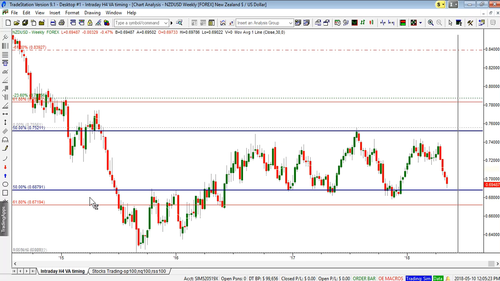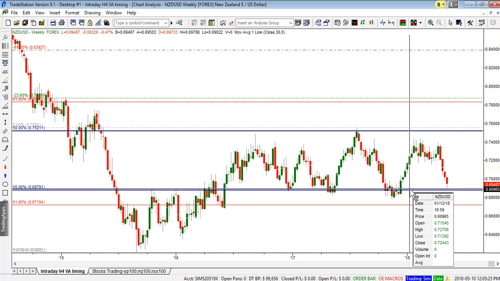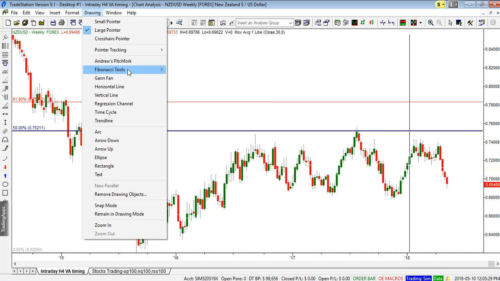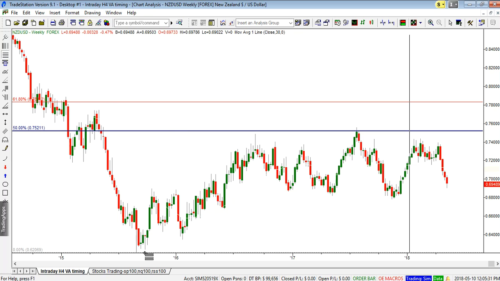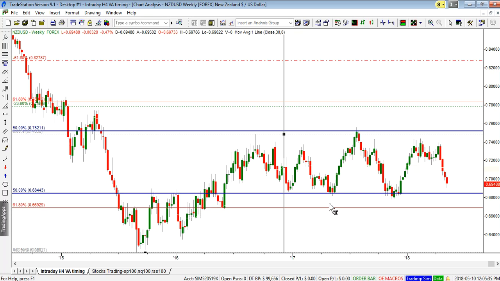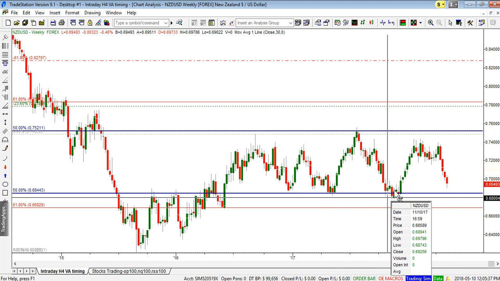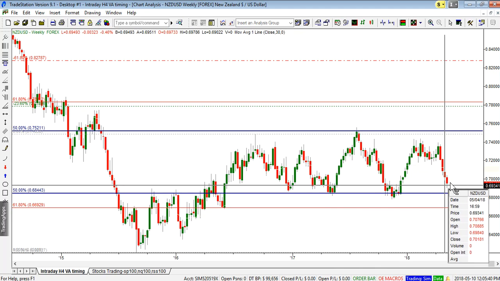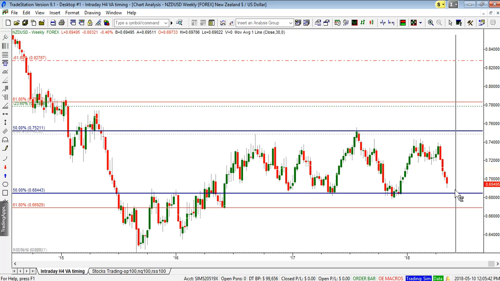So the 68.80 level, and probably we should mention the 68.45 level, which has been tested twice here, a number of times, and that's where I believe we're going to see this price move into.